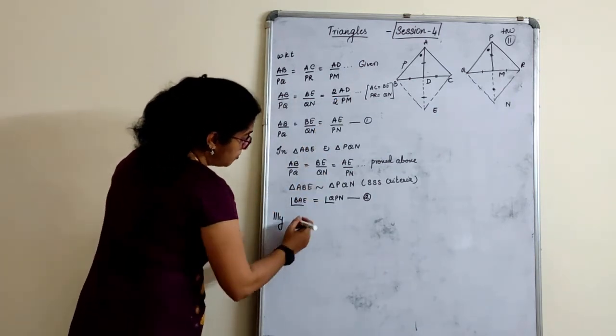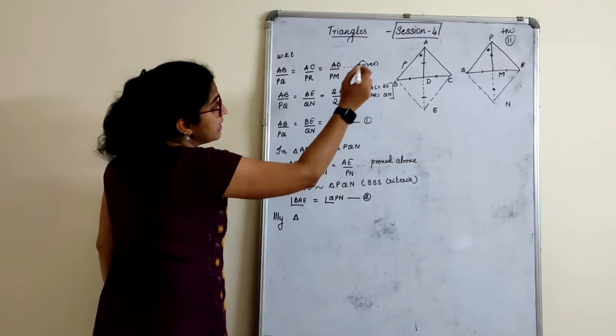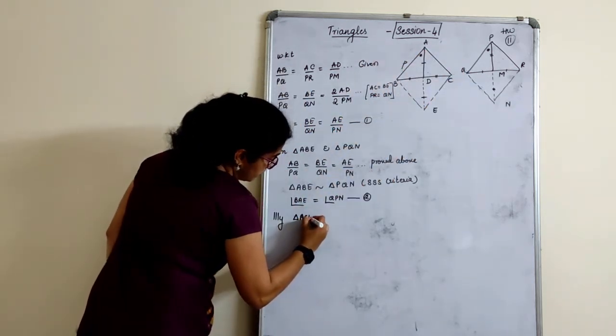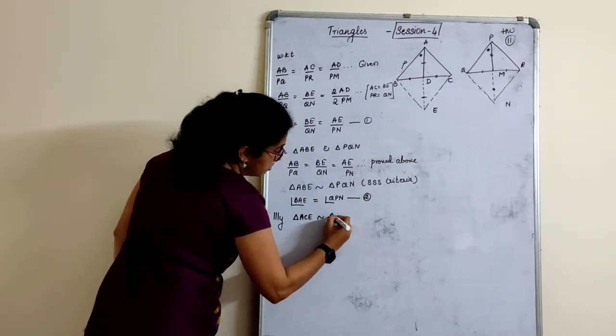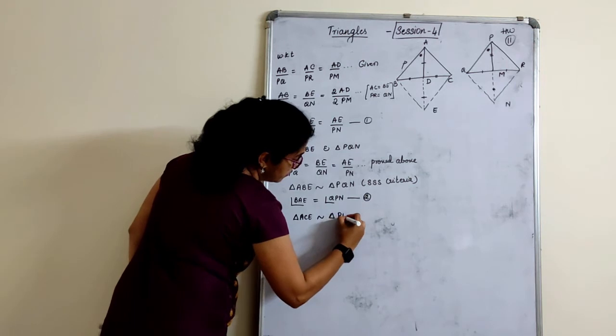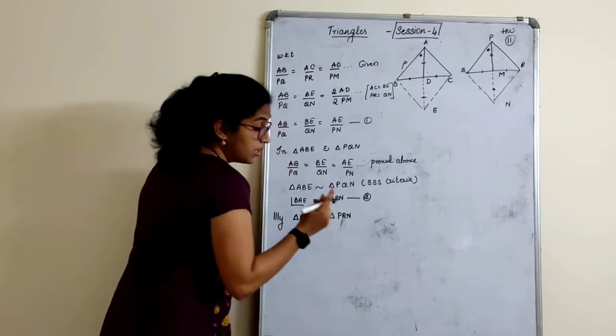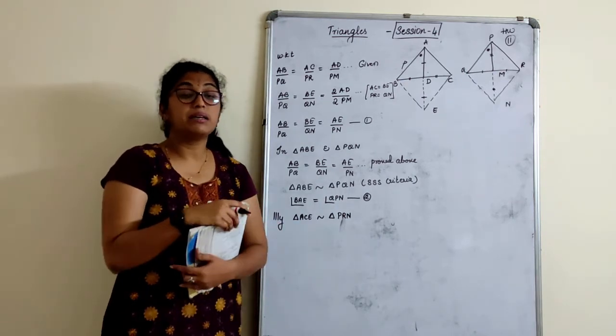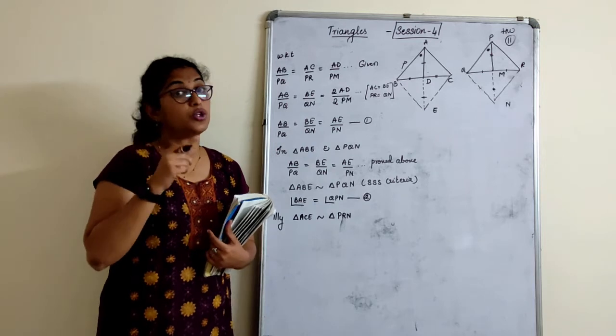Similarly, I can also prove that triangle ACE is similar to triangle PRN. One thing I'm telling you here is, I have written "similarly" here. Sometimes in your school, your teacher tells you that no, you have to prove it.